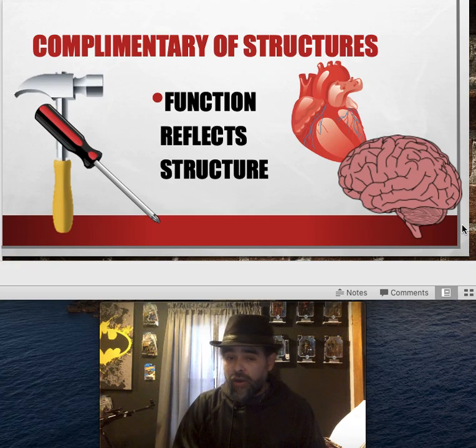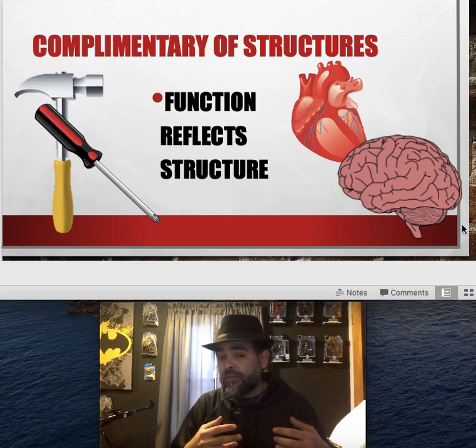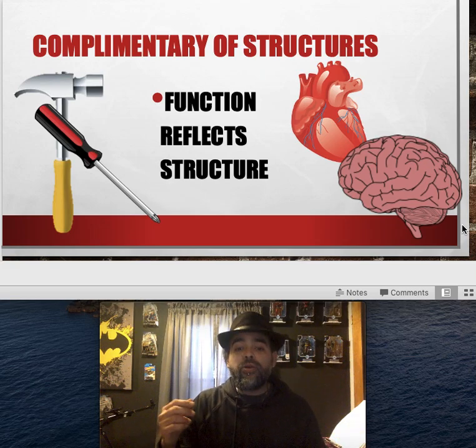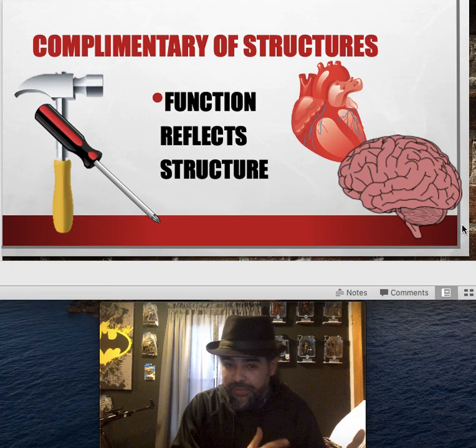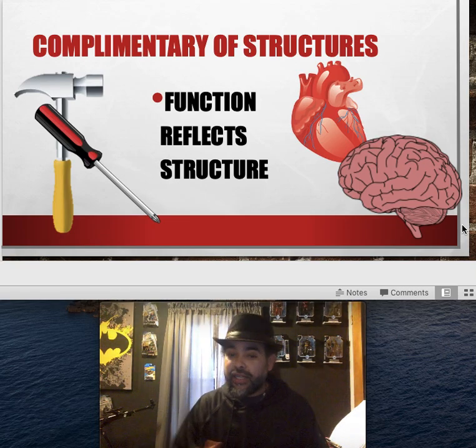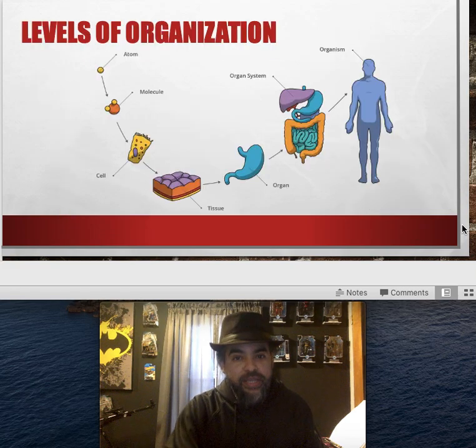So in the case of a heart, we wouldn't be surprised if we find cells there that are specialized in contraction, or in the case of the brain, cells that are specialized for moving messages from one place in the body to another. Everything in the human body is the way it is for a specific reason.